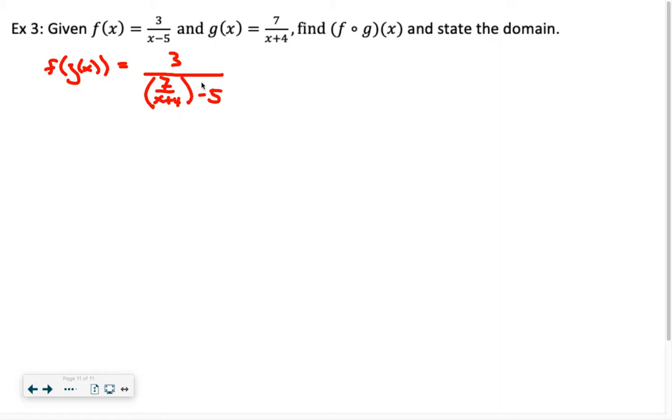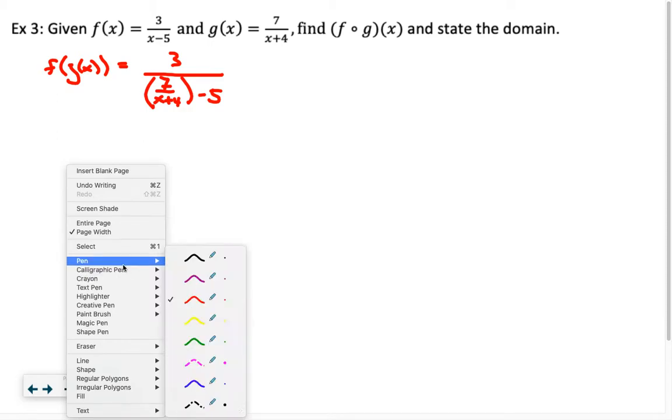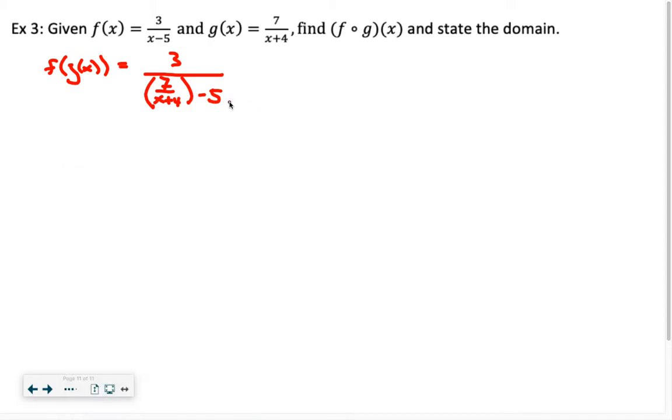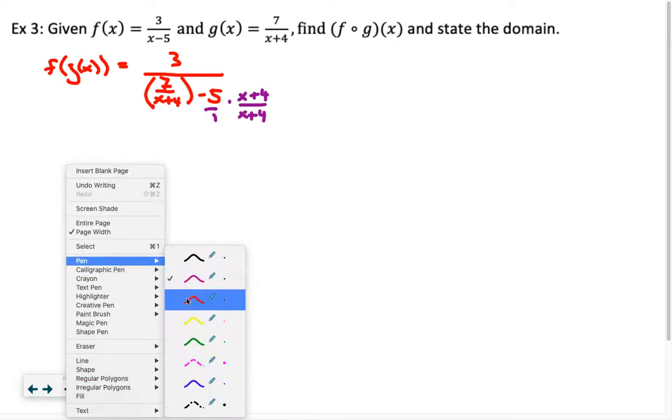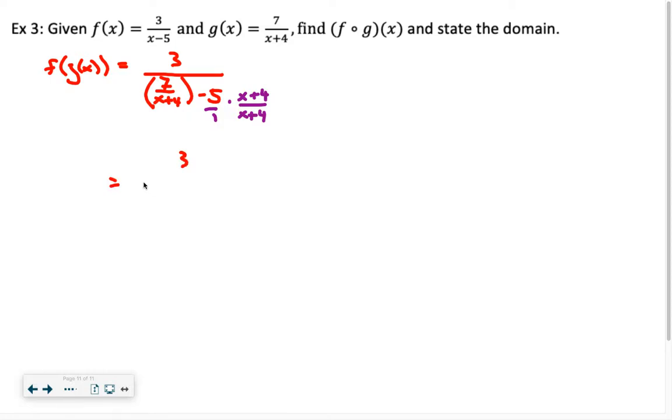So I want to combine my denominator here into a single fraction. So I'm going to multiply this 5 by (x + 4) over (x + 4). That'll get me common denominators, right? And again, we're thinking about this as over 1. So if I do that, I'll have 3 over 7 over (x + 4) minus, then 5 times x is 5x, 5 times 4 is 20 over (x + 4).